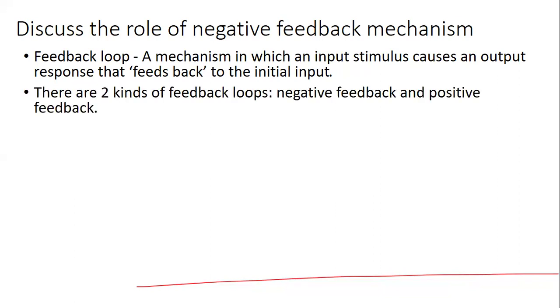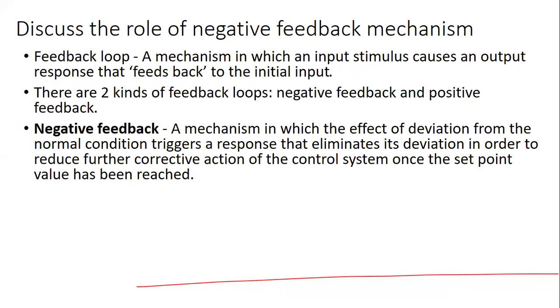What we had initially, we said there are two kinds. The negative feedback. So if you're answering this question, it's important you define what negative feedback is. You may not have put all the things I have put already because some of them are just for discussion's sake, but you'd start by defining what a negative feedback is.